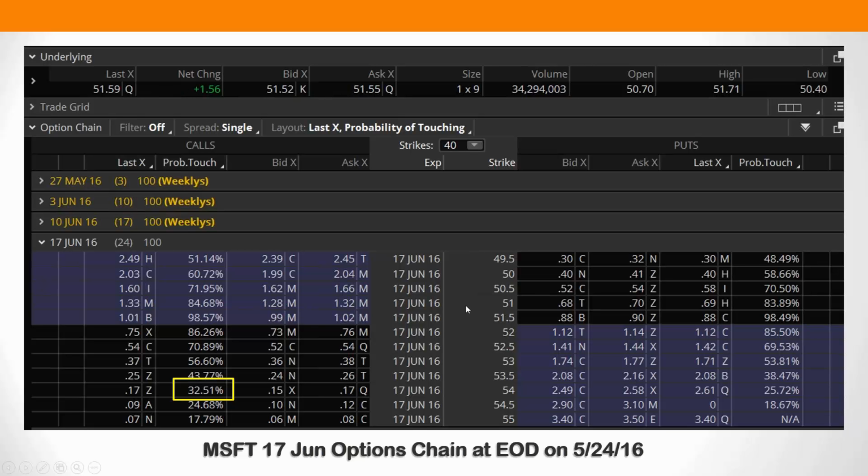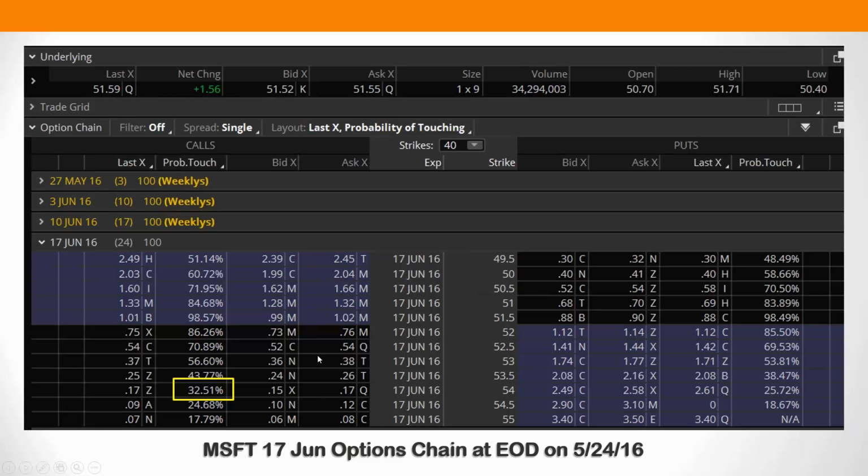If you look down to the 54 strike and look in the calls column, these are out of the money right now, but the probability of touch column shows 32.51%. That means that the pricing in this option is such that people are expecting Microsoft to touch the 54 level. There's a 32.51% chance of that happening based on this pricing.